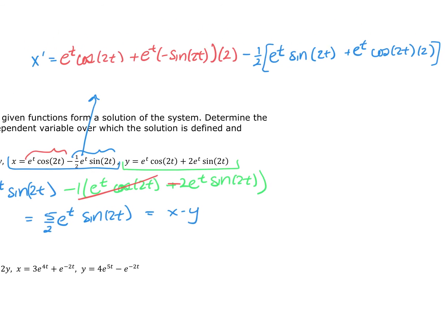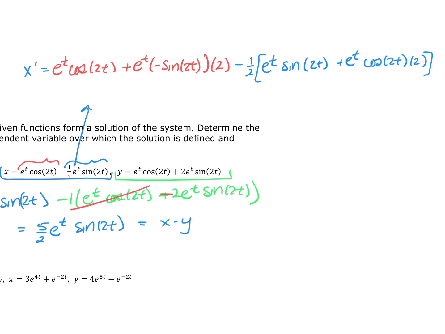Now I'm going to clean this up, and you can see that I have this 1/2 here. This negative 1/2 is going to multiply in through. Now this negative 1/2 multiplied by this 2 is going to give me a negative 1. So when I distribute this negative 1/2 onto here, this negative 1/2 and this 2 is going to give me a negative 1. So this is going to end up becoming negative 1 cosine of 2t.